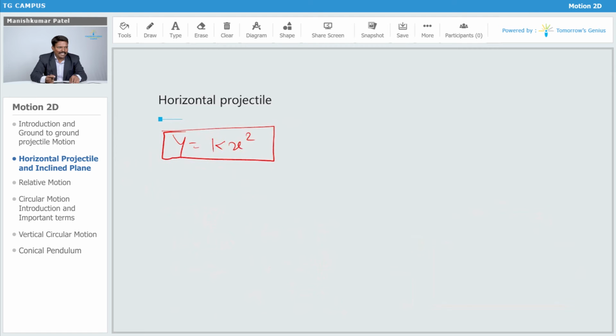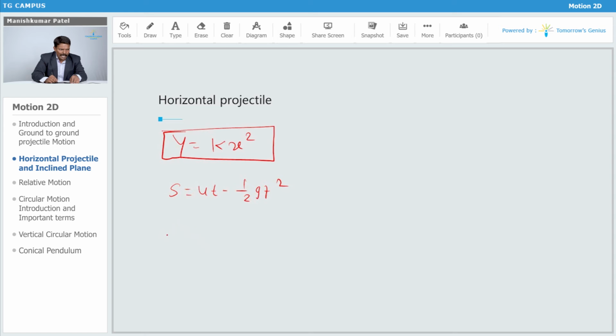Once I get that relation, I can find the time of flight and the range also. To calculate the time of flight, generally we say s is equal to ut minus half g t square.